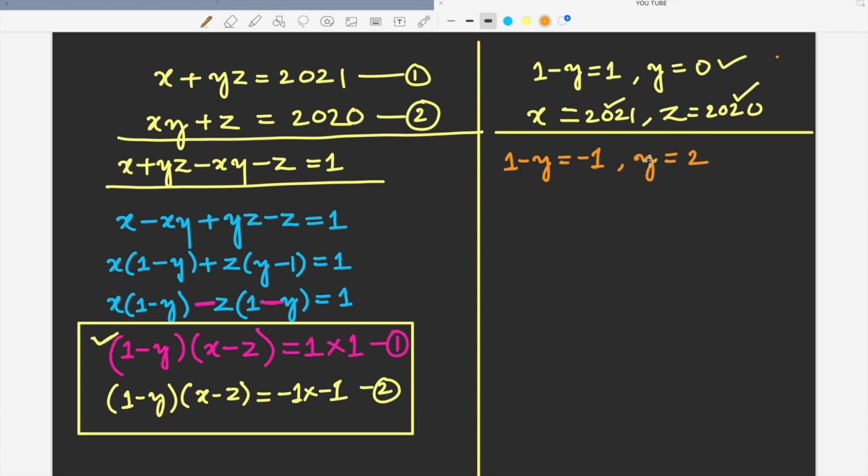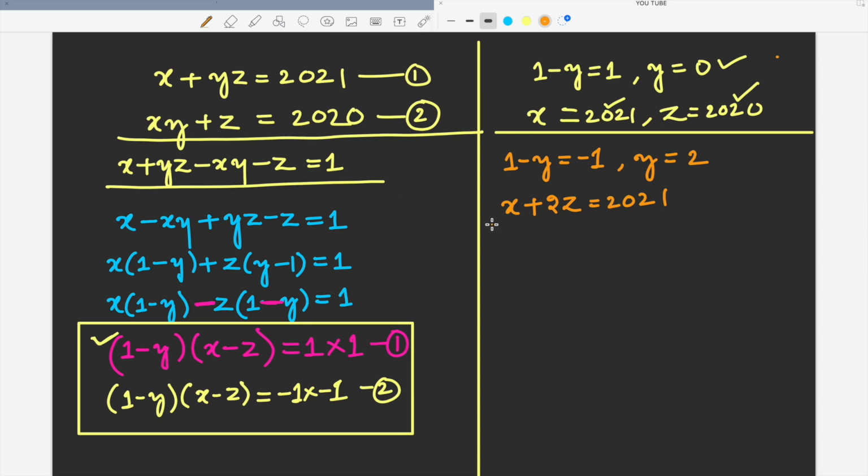Just we plug in these values in this equation. So the first equation I'll write as, x plus y, in place of that I'll substitute 2. So that is x plus 2z equals 2021, right? Even I write the second equation with the y value equal to 2.